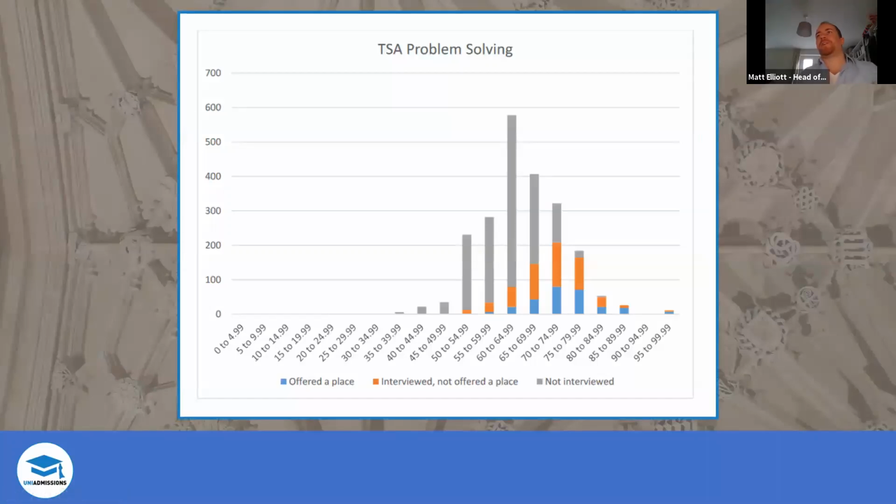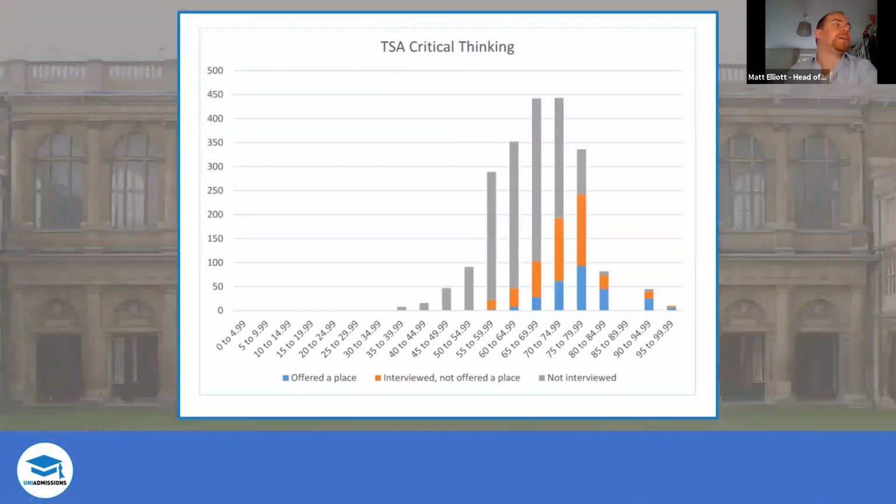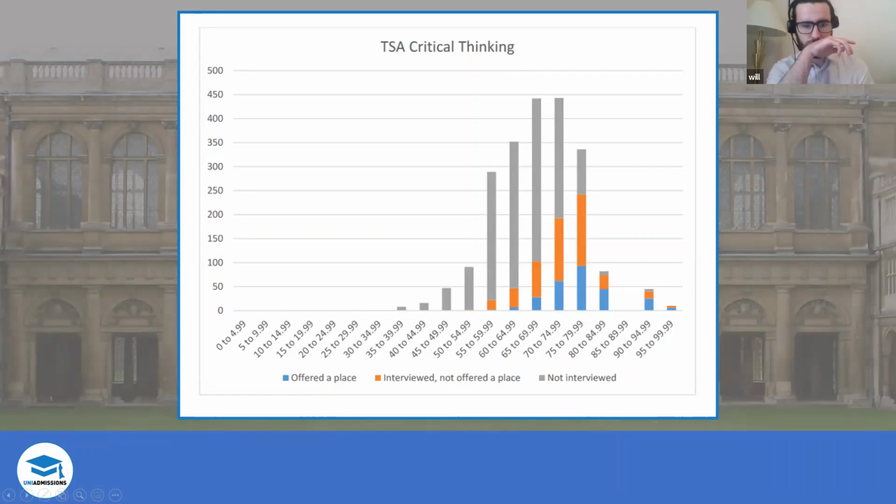Here we have the graph of the TSAs, Vanny, giving you a sense again of that really big gap you get round here in the 70s. This is the maths component. If we swap over to the English component, you can see that getting those few extra points around the 70 mark makes a really big difference to your chance of getting into the next stage, and then your chance of getting a place.